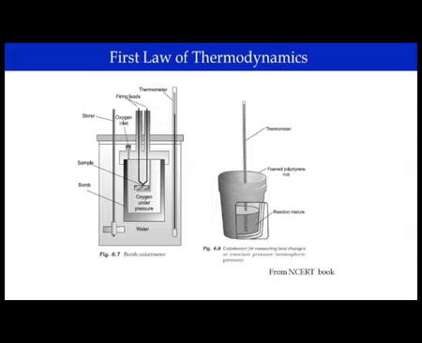So, any change in temperature in the surrounding, means in the water bath here, can be measured by the thermometer, and there is a stirrer also used, which is just to make the mixing or the temperature uniform.